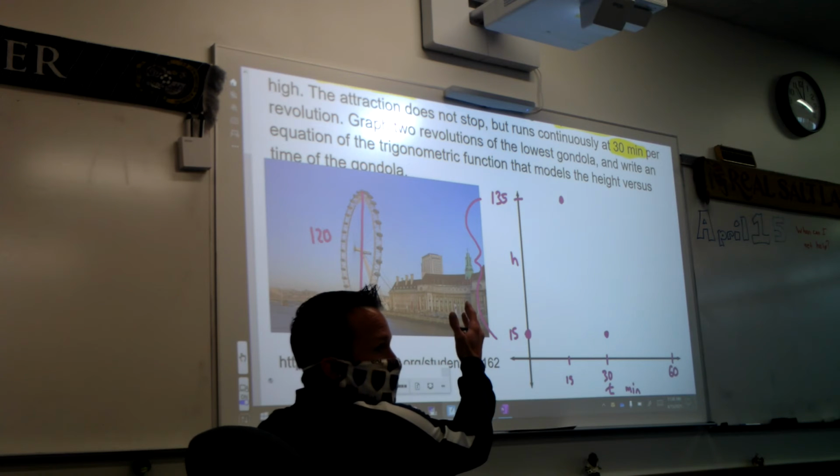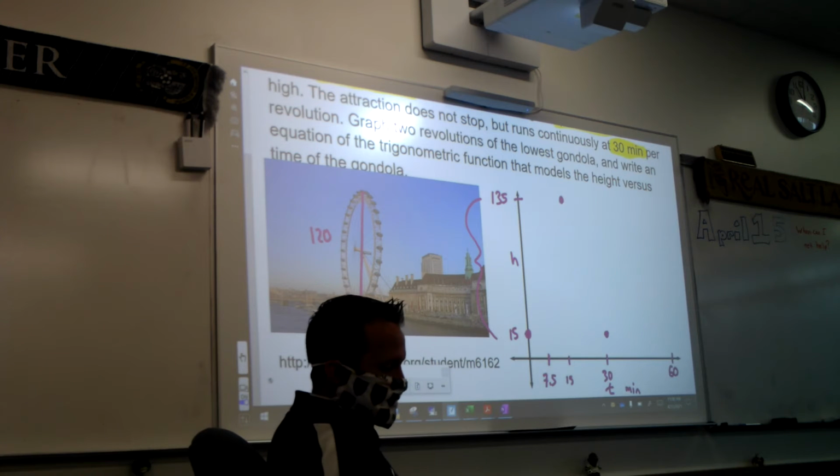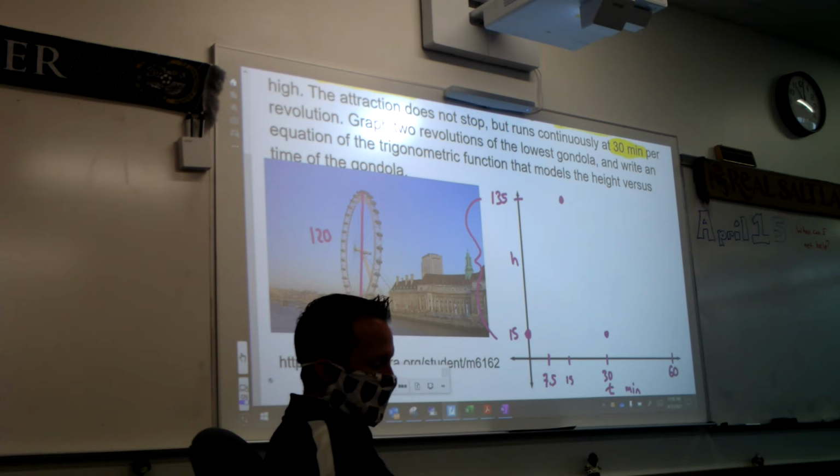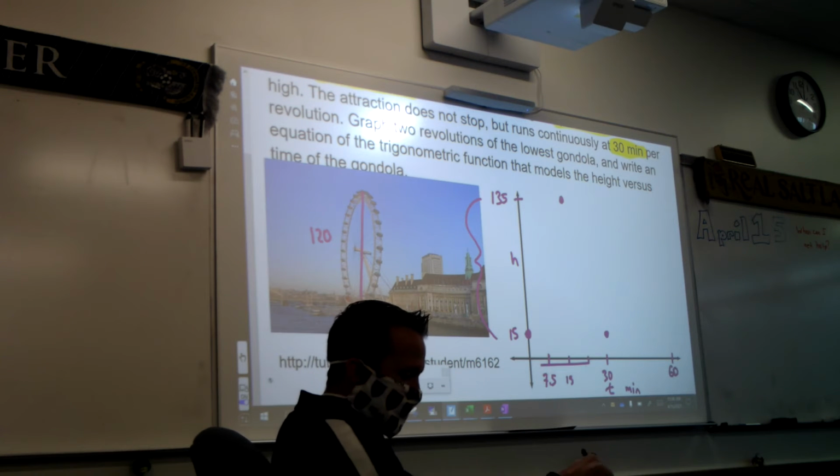Just focus on the first trip around. So I get on it, and I'm going to go how long until I'm halfway to the top? What's half of 15? 7.5. Okay, and that means halfway down, let's just add 7.5 to 15, that's 22.5.